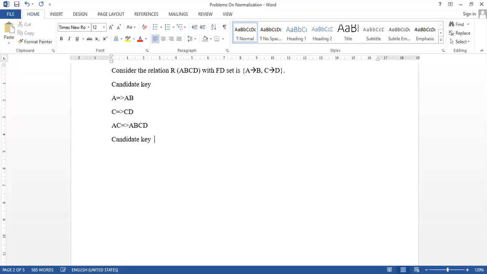So the candidate key is AC. Now, what about prime attributes? Prime attributes are the key fields, that is A, comma C. Okay, what about non-prime attributes?